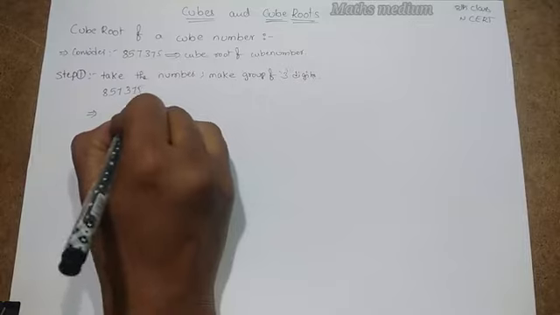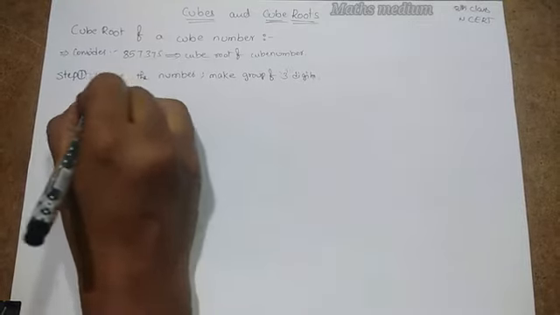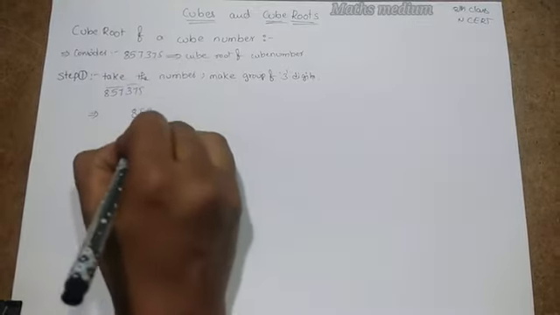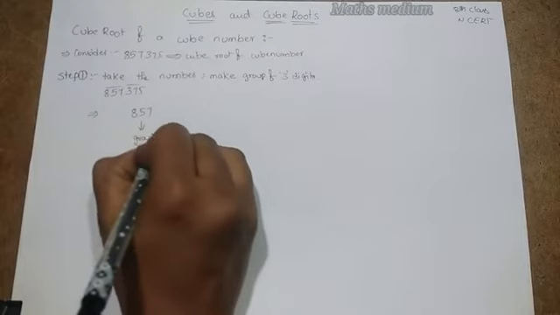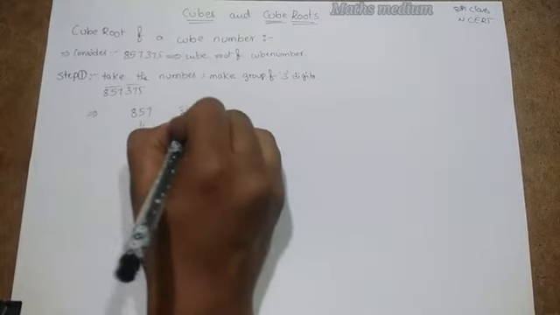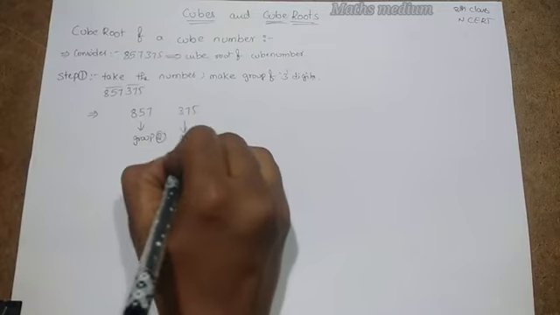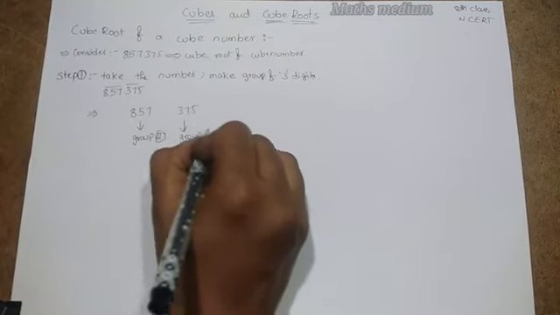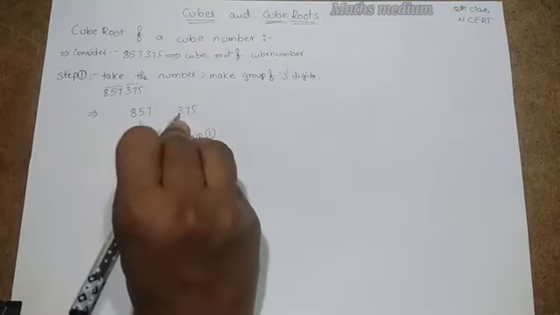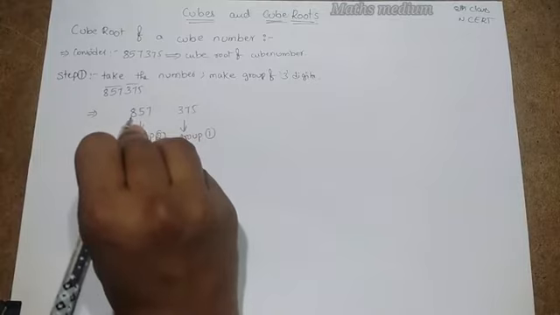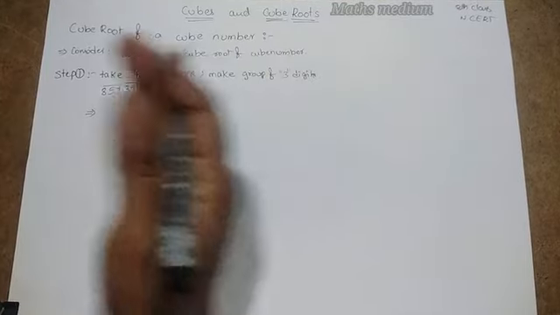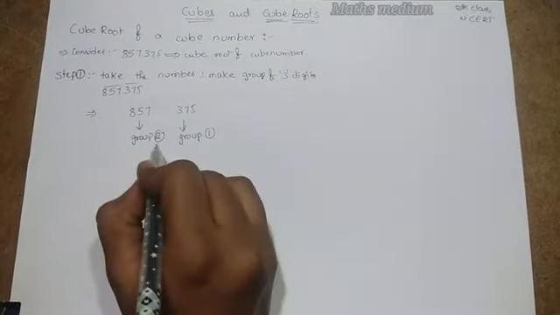So this is 857 and 375, this is group 2 and this is group 1. Why? Because this is ones place, tens, hundreds, thousand, 10,000, lakhs. So we started from right to left. That's why I am taking group 1 and group 2.